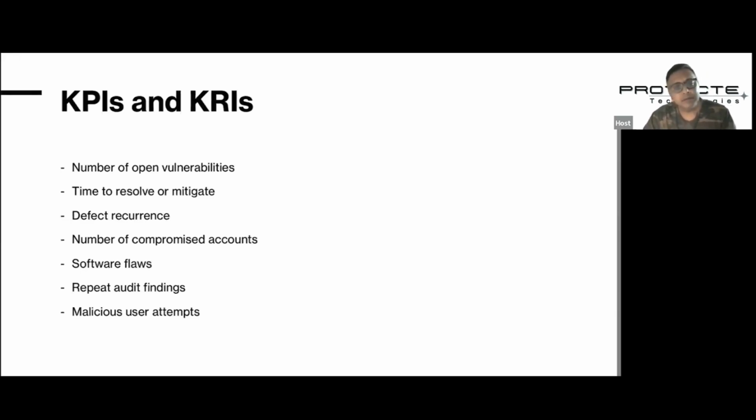KPIs give you the performance indicators, KRIs give you the risk indicators. Some parameters which could be there in your KPIs and KRIs are open vulnerabilities, time to resolve, defect recurrence, software flaws, audit findings, malicious user. But why is it required? Because you cannot humanly track unless you have some performance or risk metric.